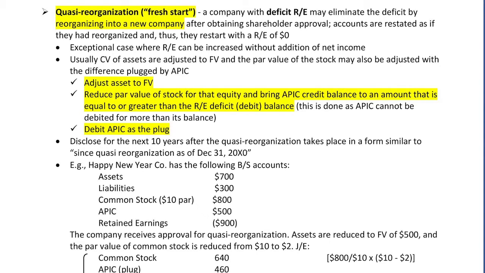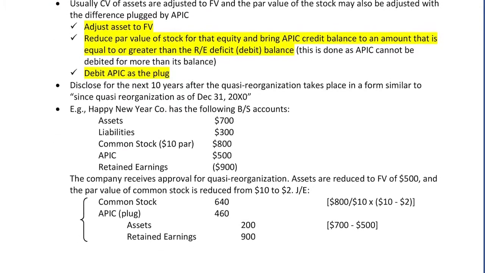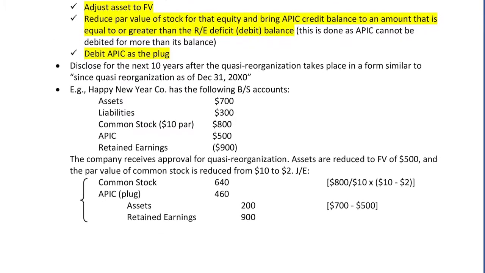So naturally you have a debit to common stock at $8 per stock, which calculates to $640. The credit is to assets, which have a reduced fair value by 200. Retained earnings deficit needs to be eliminated, 900. The debit plug is to APIC, $460.